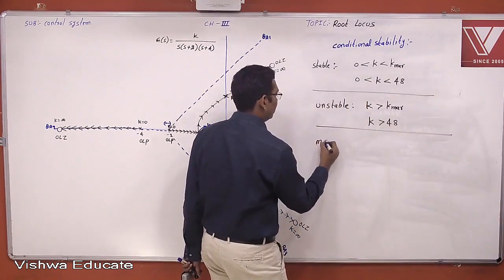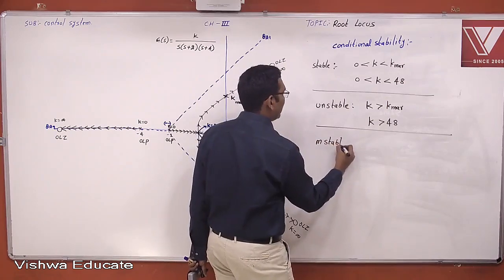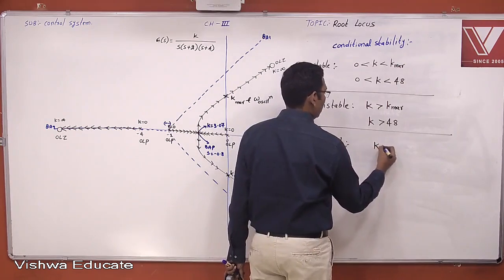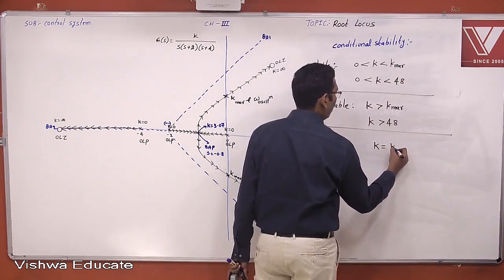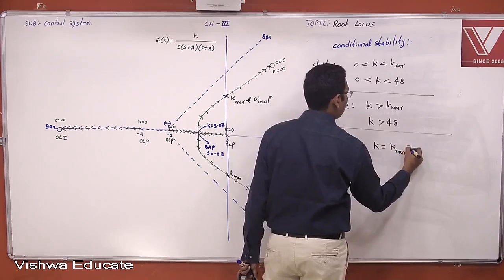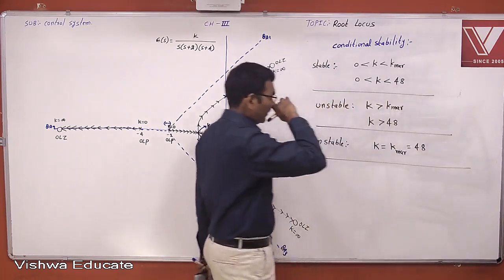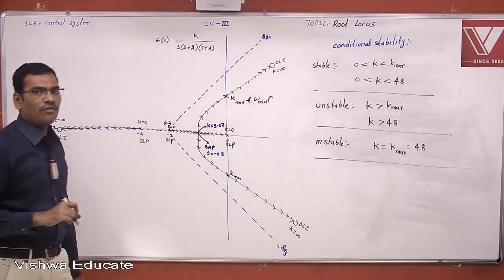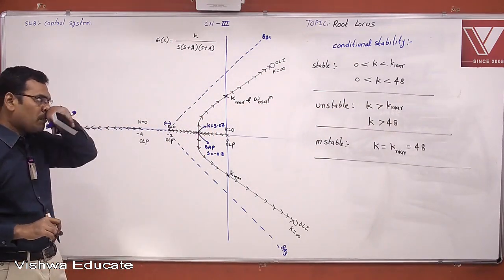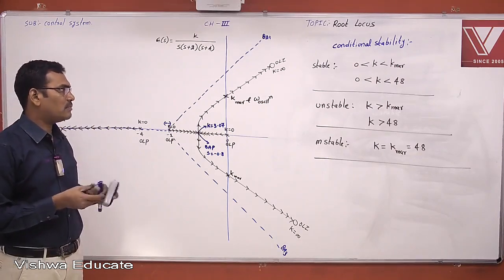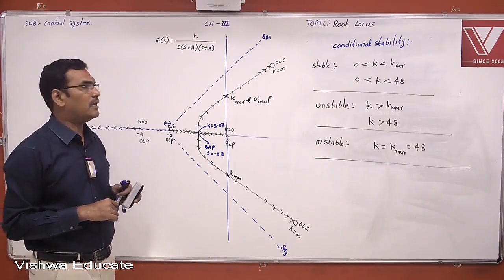When K is equal to K margin, which is 48, the system is marginally stable. This is the range of values of K such that the system is marginally stable, unstable and stable. This particular stability is called conditional stability.